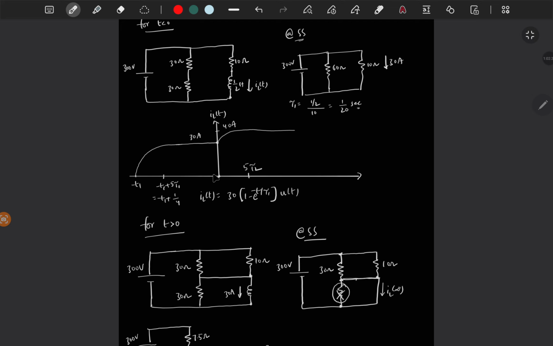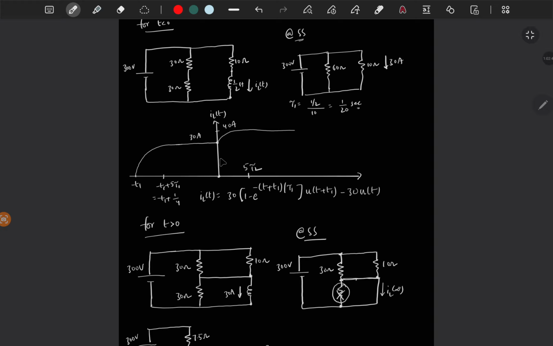But this is left shifted, and also there is no 30 amps of magnitude after t greater than 0. So first you have to left shift that one, which is minus of t plus t1 by tau 1 u of t plus t1, and you subtract 30 amps for t greater than 0.